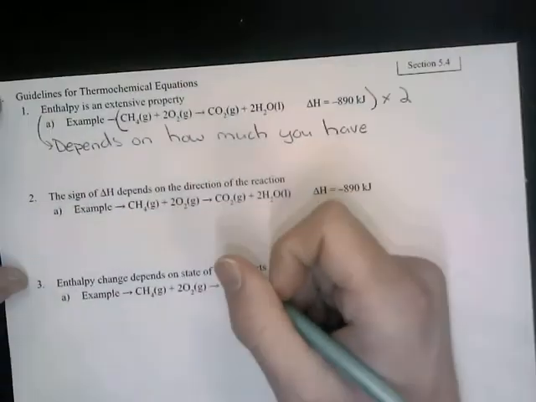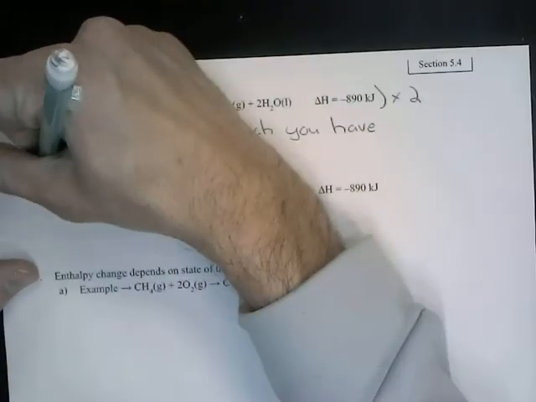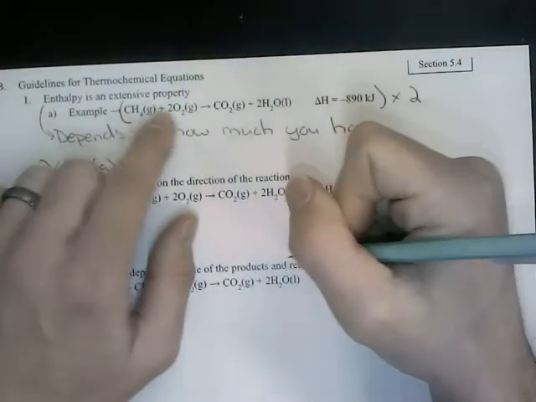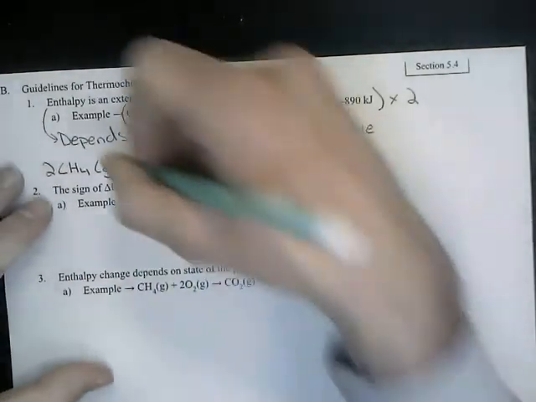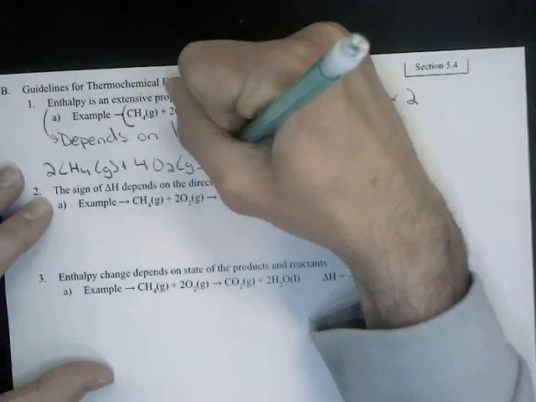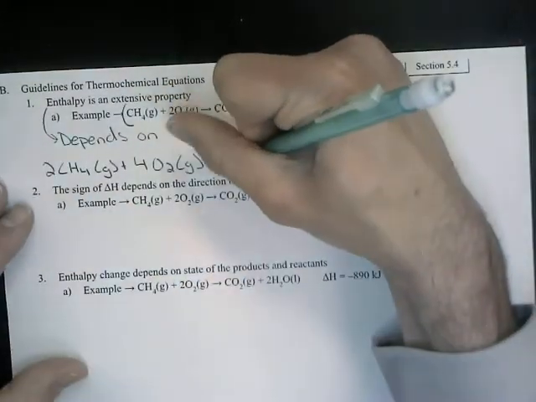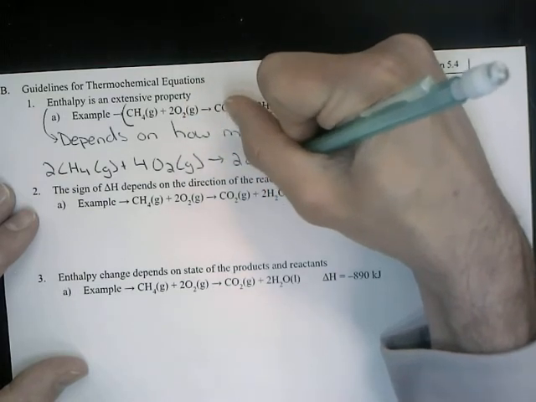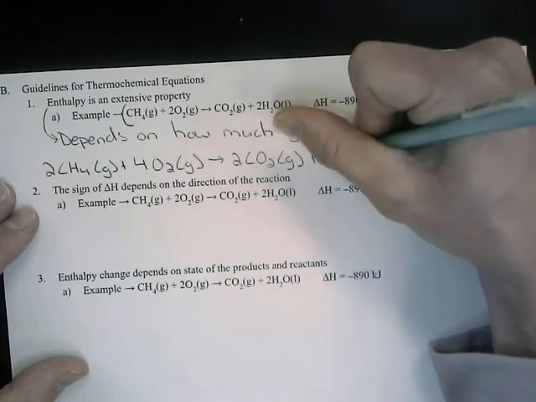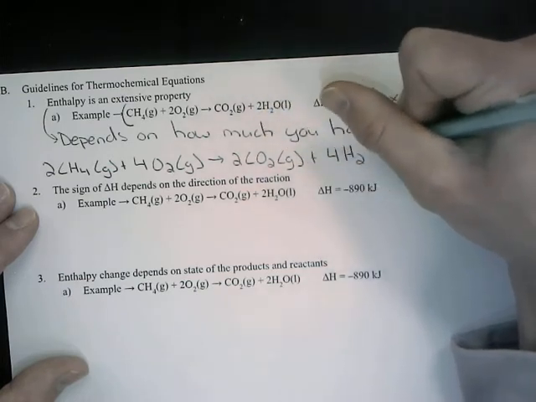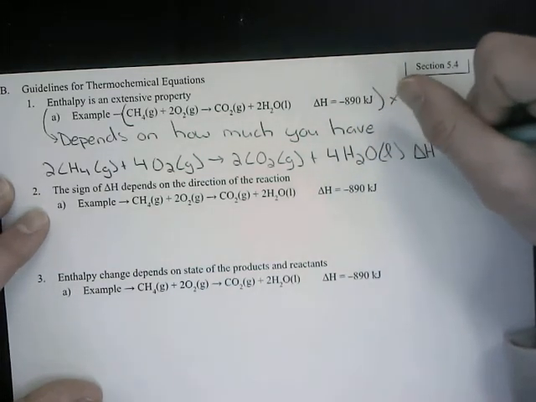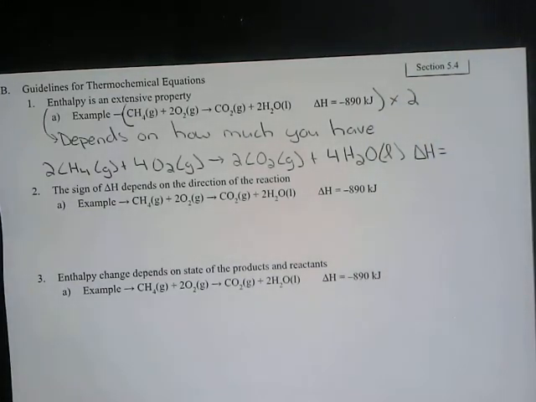So instead of 1 CH4, we're going to have 2 CH4 as a gas plus not 2 oxygens but 2 times 2, so 4 oxygens as a gas, is going to yield 2 CO2s as a gas, and 4 H2Os as a liquid.